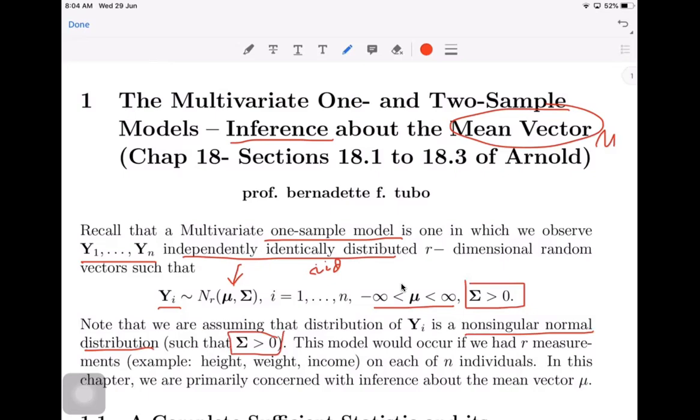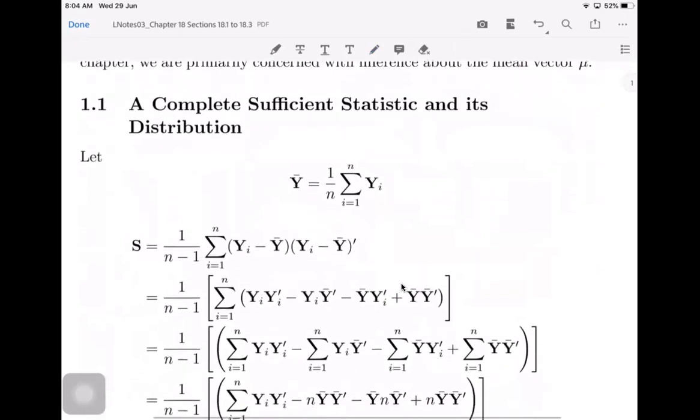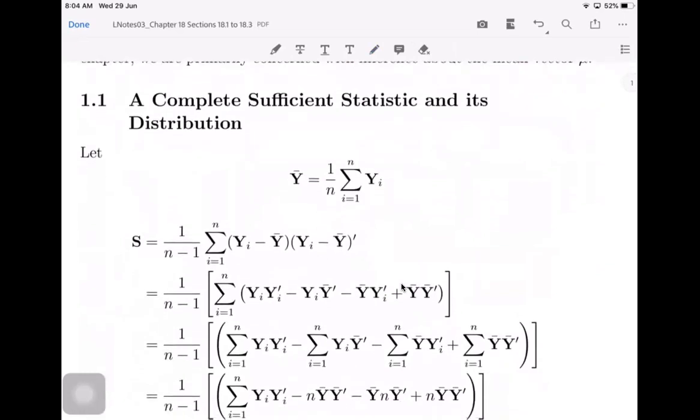This model would occur if we had r measurements, for example height, weight, and income, on each of the n individuals. In this chapter, we are primarily concerned with inference about the mean vector mu. Since we will be talking about estimation, the first thing that we should look at is the estimator.